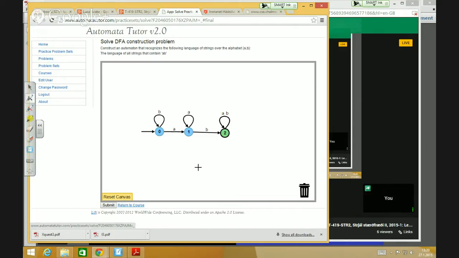Okay, your colleagues are saying, some of them are saying no. What is wrong with it? Sorry? If B comes first, then we just loop until... okay, so your colleague is saying, let's make another state and we make the B go there.